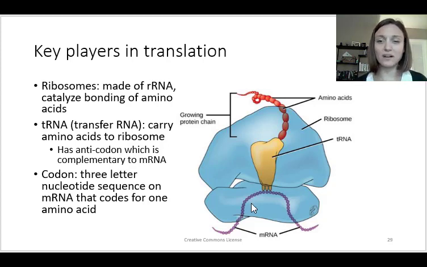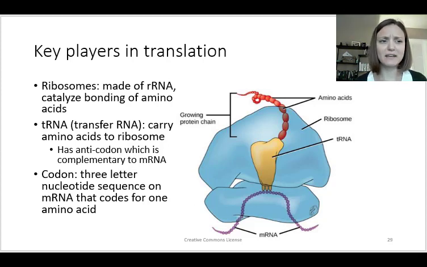And the anticodon on the tRNA is complementary to the codon on the mRNA. That's how that amino acid is going to match up with that mRNA.